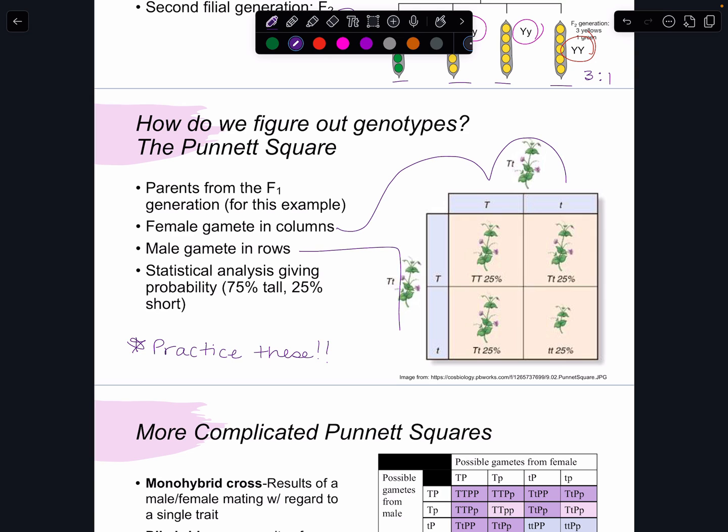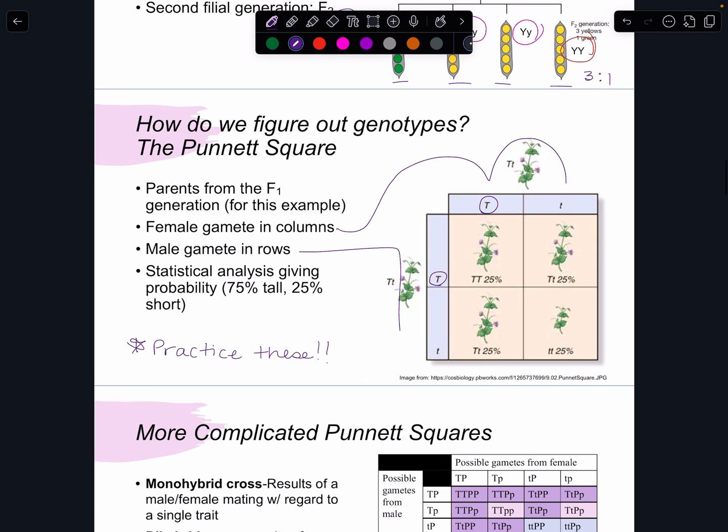So how do we do this? You basically combine the columns and the rows. If you look at this column, you have capital T in the column and capital T in the row, so this offspring will be capital T, capital T. Then if you look at this column and this row, you'll have a lowercase t, which is always written second, and the capital T from the row.